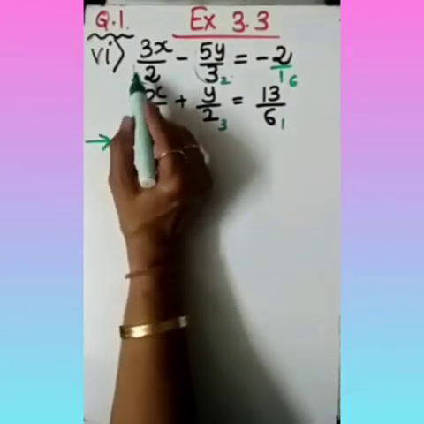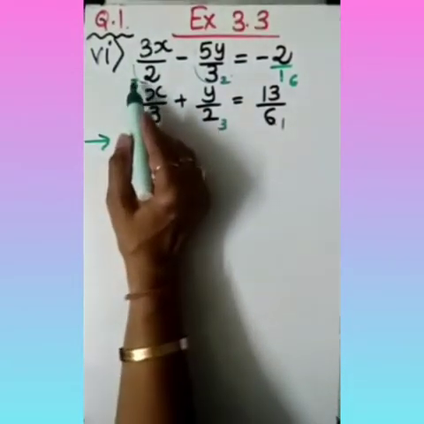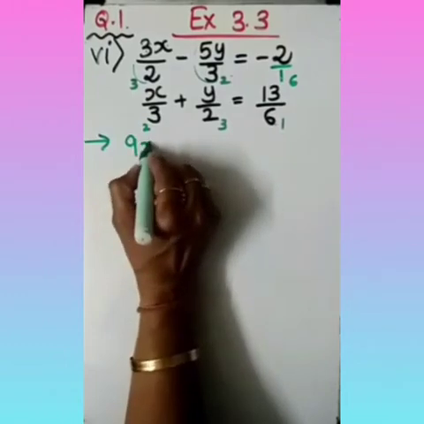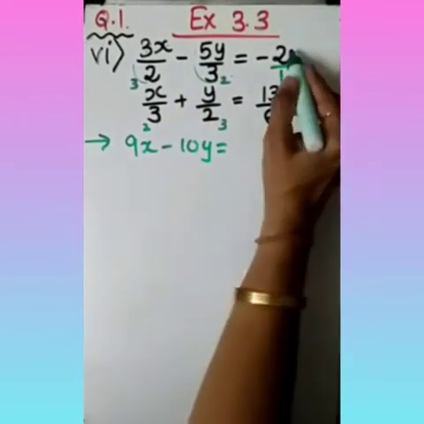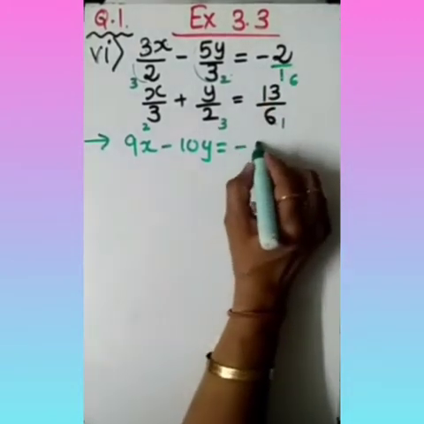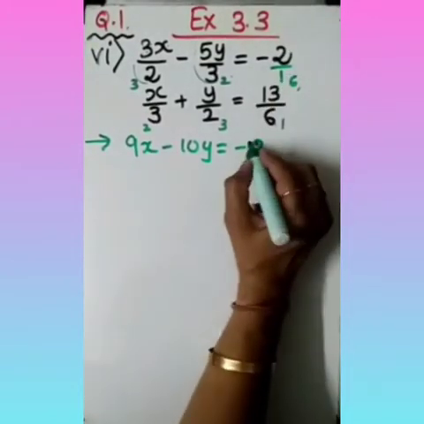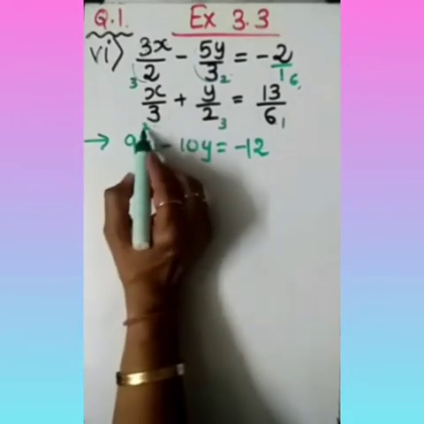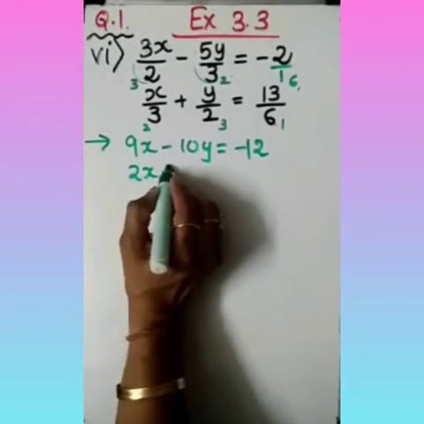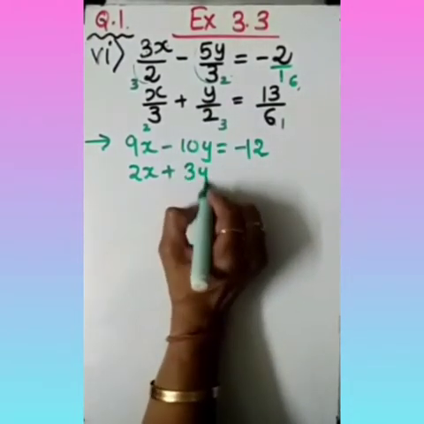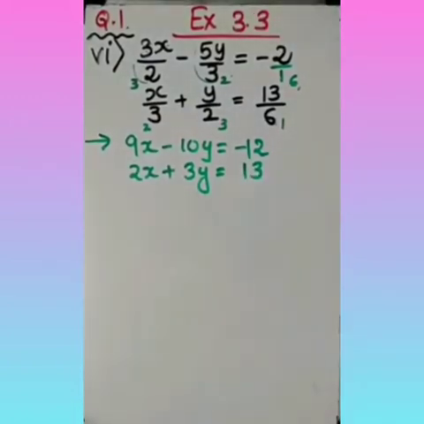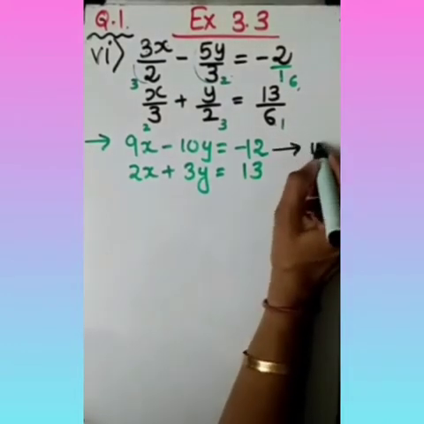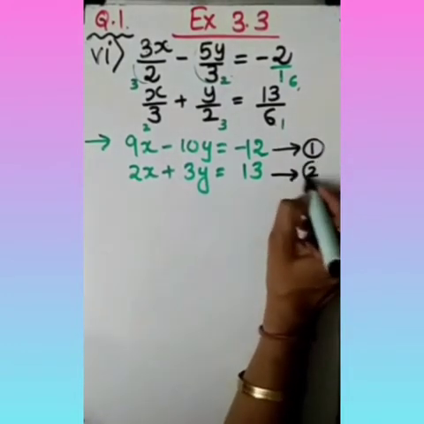The same number we multiply with the numerator. 3 threes are 9x minus 5 twos are 10y, and 2 times minus 2 is minus 20, wait, 6 twos are minus 12. And the second equation will be 2x plus 3y equal to 13 times 1, 30. So finally, this is equation number 1 and this is equation number 2.